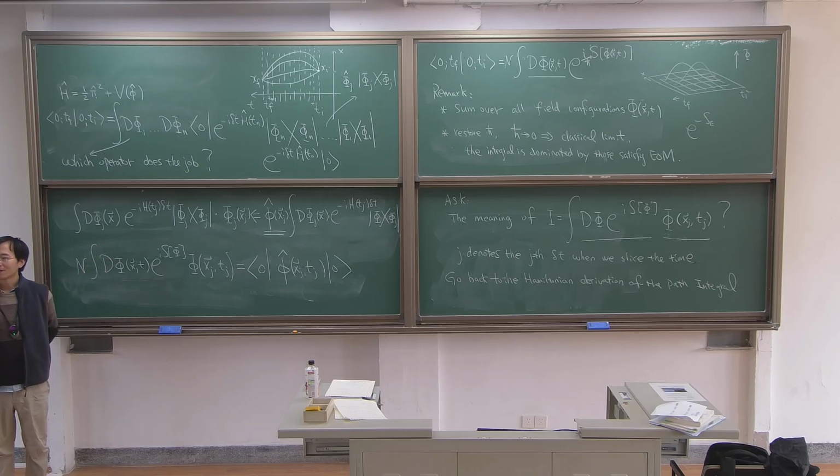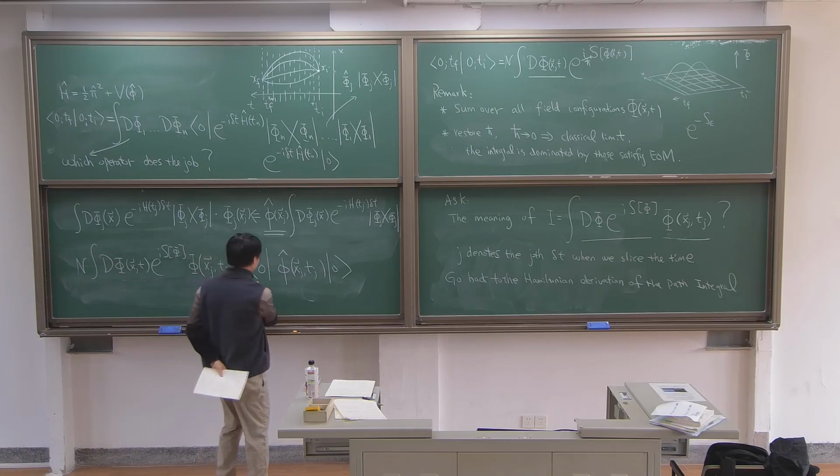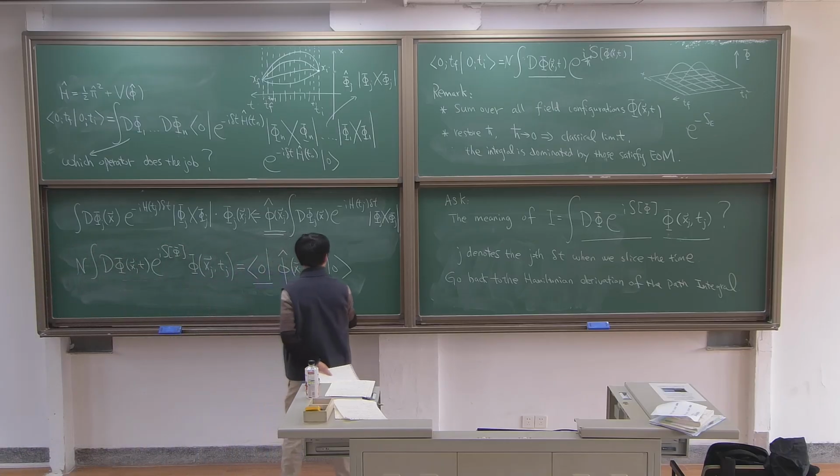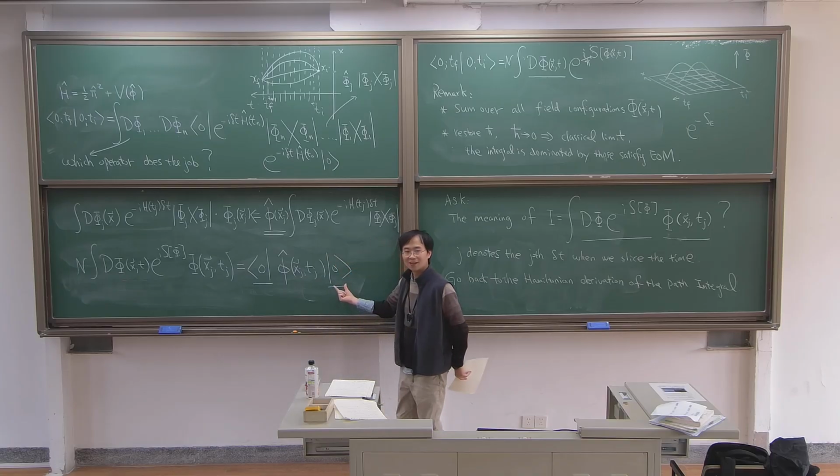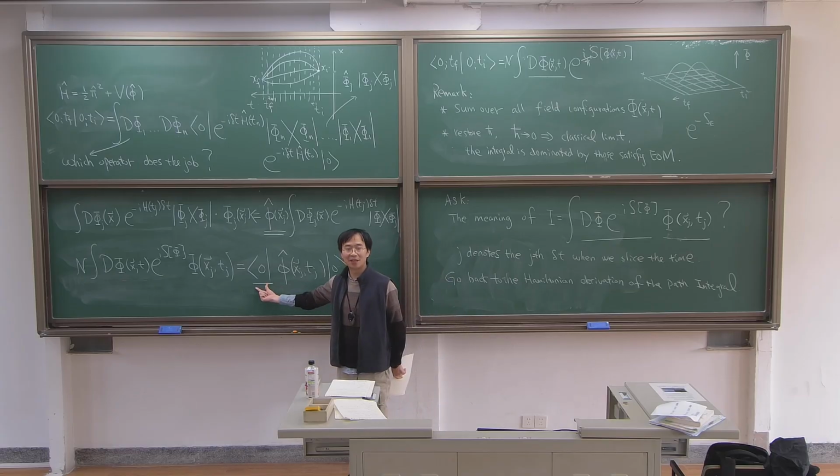The point is that by this kind of vacuum, we always mean a vacuum from the past infinity overlapping with the vacuum at the future infinity.